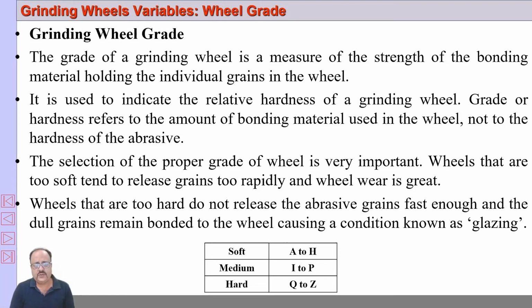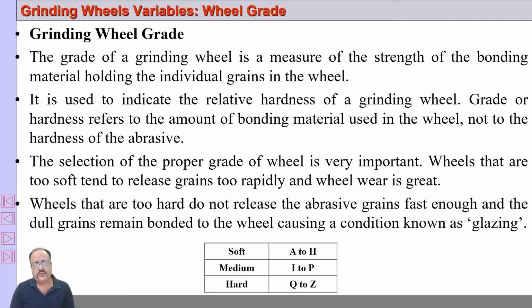Now, wheel grade may be soft, denoted by A to H, medium, denoted by I to P, and hard, denoted by Q to Z, Z being the hardest. The problem with the hard wheel grade is that it does not release the abrasives quickly and becomes dull very quickly.